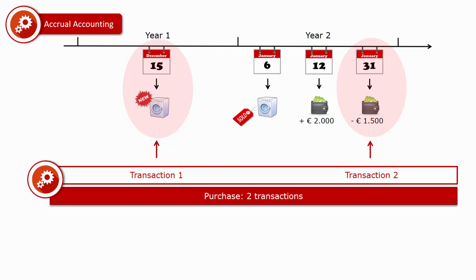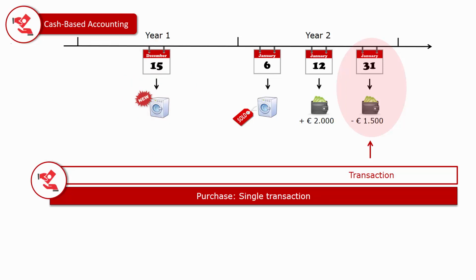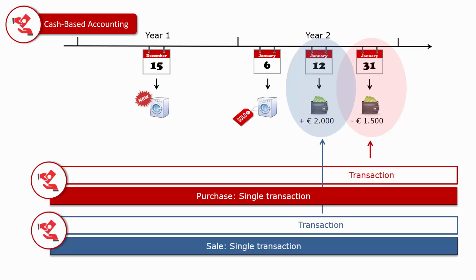Economically, each transaction has its own individual effect on the company's resources and claims. In contrast, in a cash-based accounting system, the company's purchase of the washing machines would be recorded as a single transaction at the point when the supplier is paid on the 31st of January, and the sale would be recorded as a single transaction at the point payment is received from the customer.